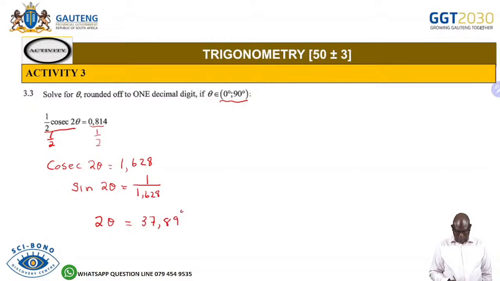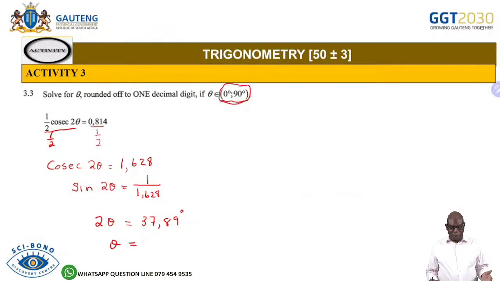37,89 degrees. Because I need theta, I need to then divide both sides by 2. You can only do that if you are working in the first quadrant. Once you work in all the quadrants, you can't do that. You must first check where the sign is positive.